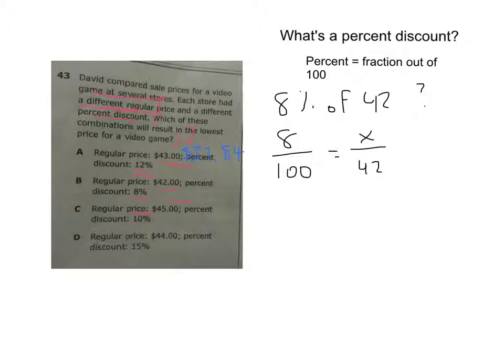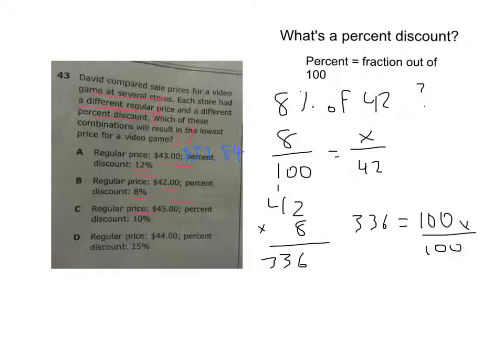And again, we cross multiply. 42 times 8. And then we divide both sides by 100, and we get x equals 3.36.